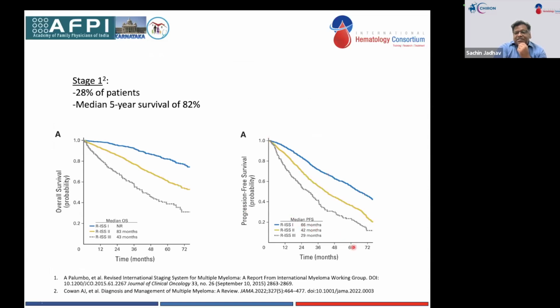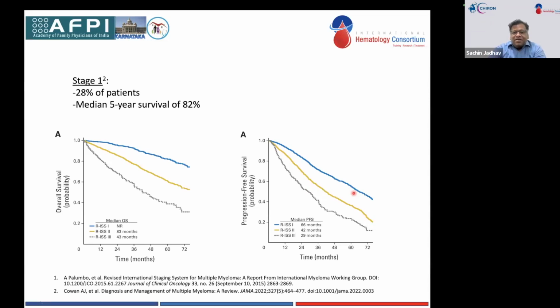That means 66 months later, 50% of patients have progressed. So if I have 100 patients, half of them will not progress for 66 months. That means for 5 years, if you give proper treatment with chemotherapy, bone marrow transplant, this disease will not progress. You can go back and live your life.